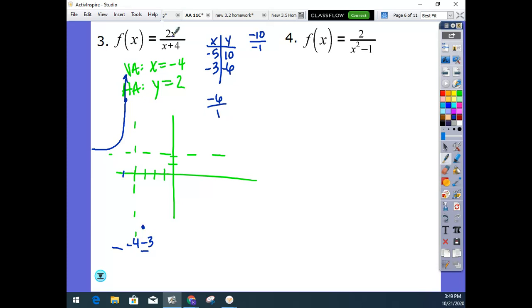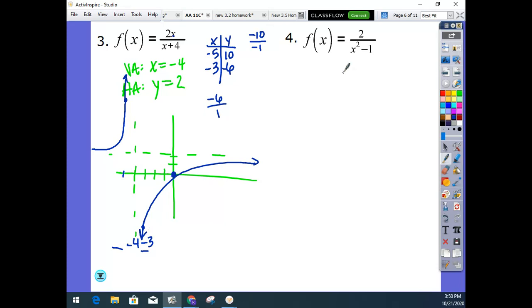If I plug 0 in for x, or what value makes 2x equal 0, is when x is 0. And so that would make sense here. So my x-intercept and my y-intercept end up being the same. So there's my graph. All right.